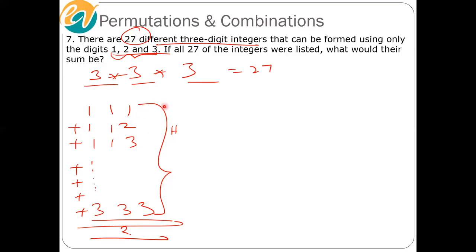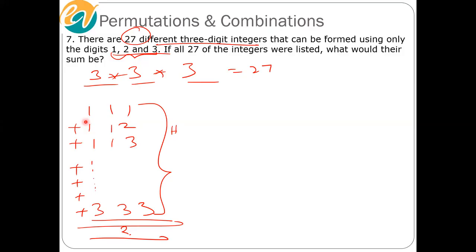Out of these 27 integers in total, the digit 1 will be in the hundreds position in how many of these?